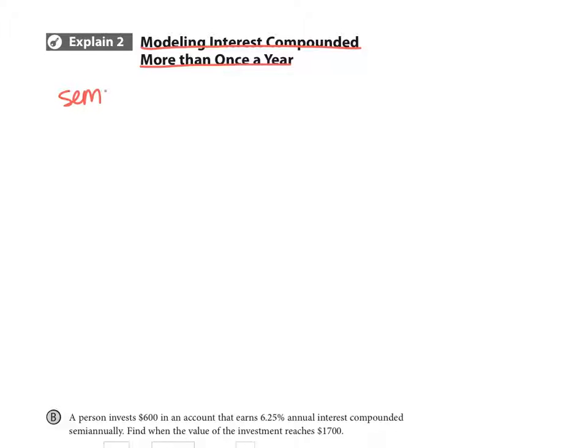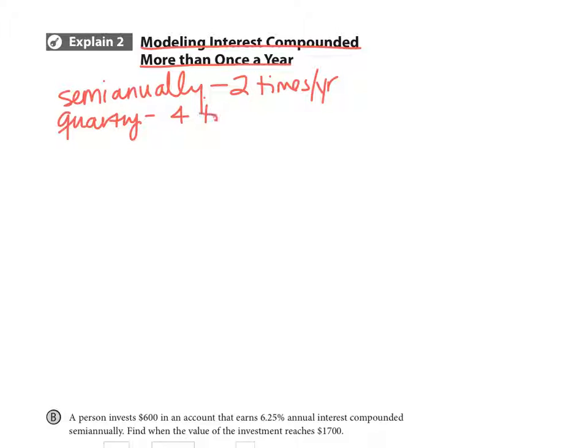You could have semi-annually, which means it's going to happen 2 times a year. Think about the semifinals, right? That means 2 times per year. And then you could have quarterly, and think how many quarters are in a dollar, right? That's going to be 4 times per year.